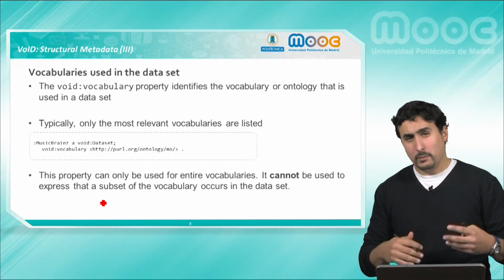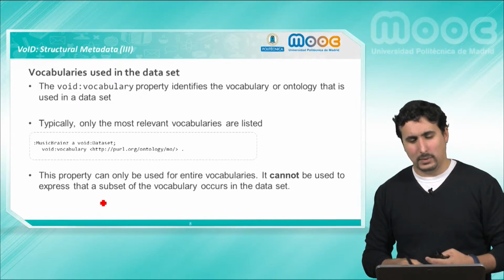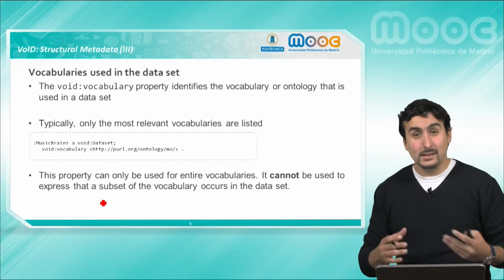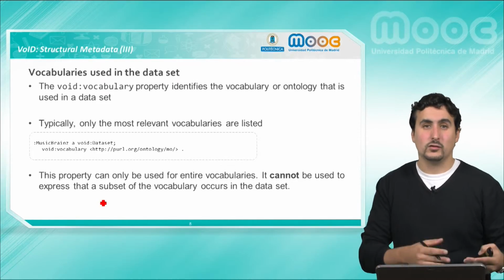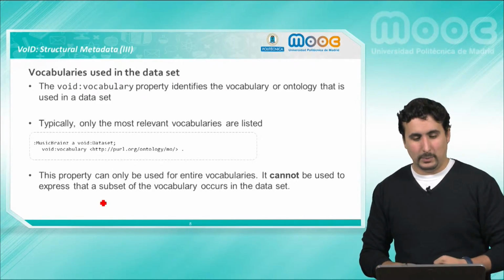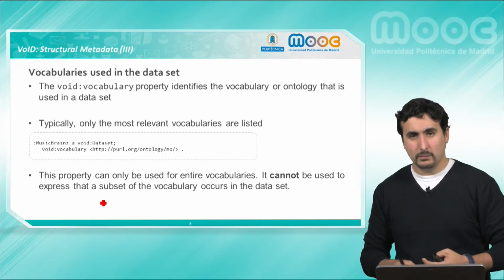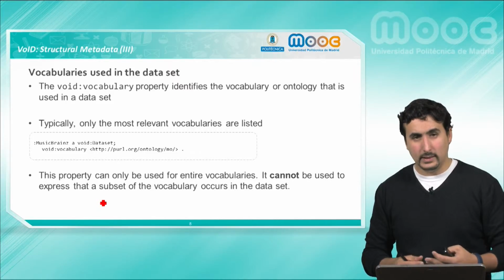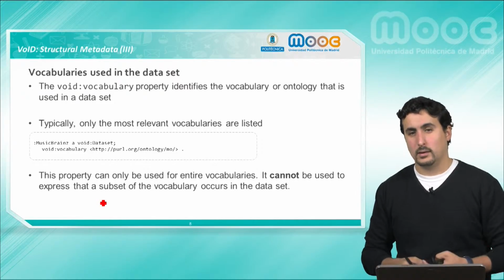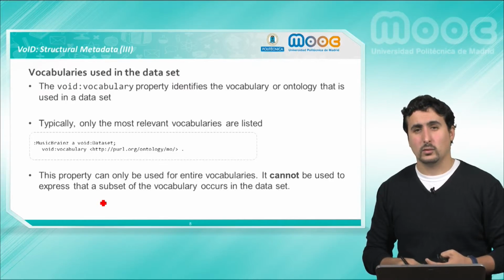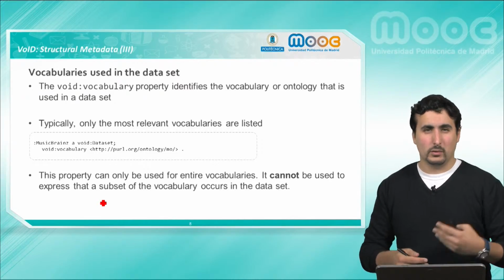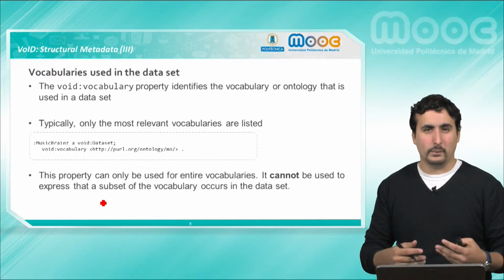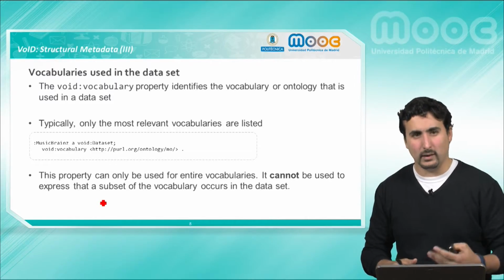One of the important properties to define in the metadata of our dataset is the list of vocabularies that has been used to generate it. By means of the void:vocabulary property, we can include the most relevant vocabularies that we have used. That is, if we are going to use several different ontologies, we can decide which ones are the most important and informative ones, so as to annotate them.